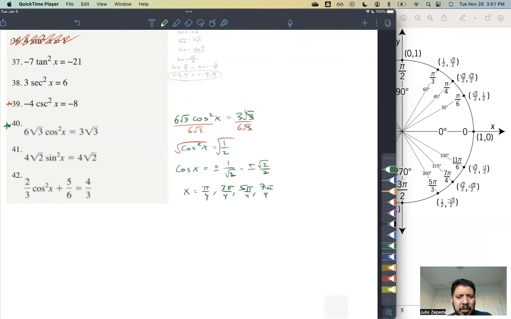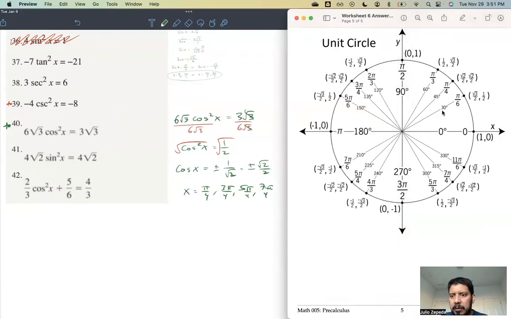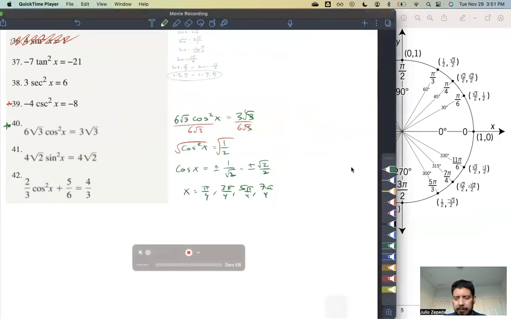Because we're looking for some angle whose cosine is square root 2 over 2, so that's the x value being square root 2 over 2, or negative square root 2 over 2. That's the exact same angles there. Oh man, I was really trying to avoid one that had that.